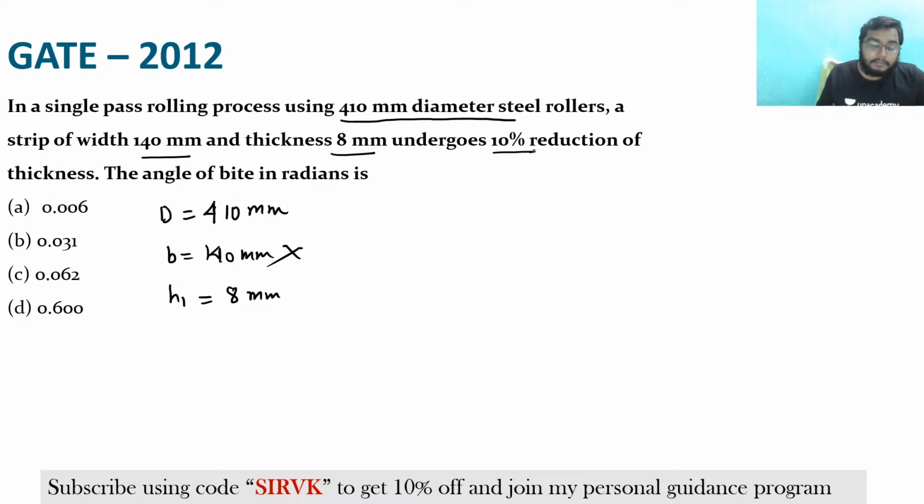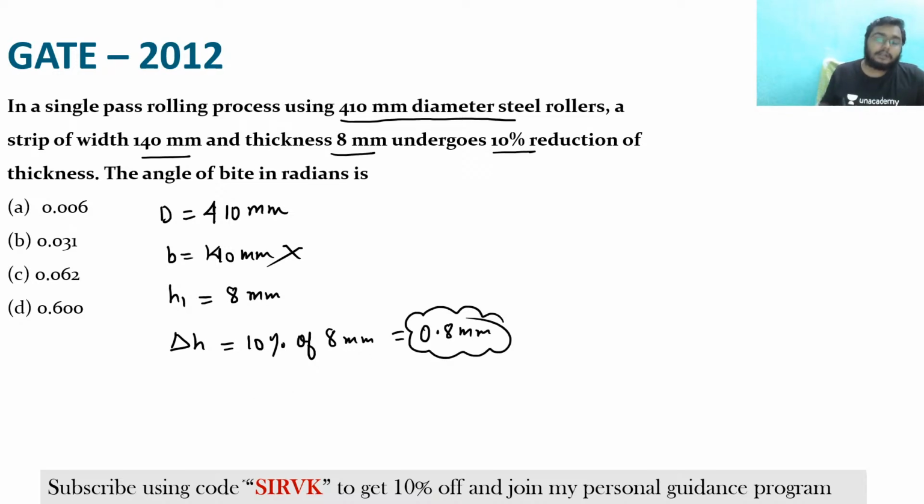What is the meaning of 10% reduction? It means delta H would be 10% of 8 mm, that is 0.8 mm. So this is the draft that is given, 0.8 mm.